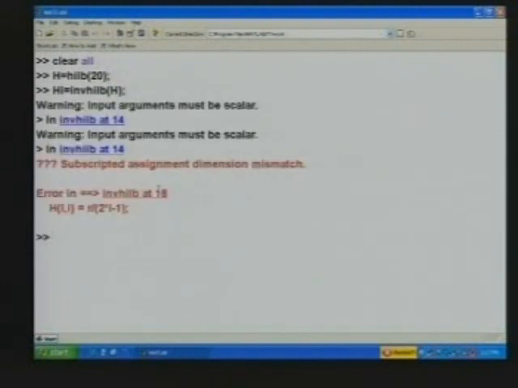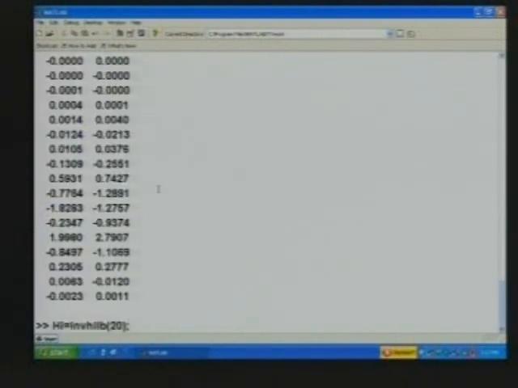So, H is equal to hilb, and HI I can write as invhilb; you just have to specify n, because it will automatically take it. So, you can see HI into H should give the identity.